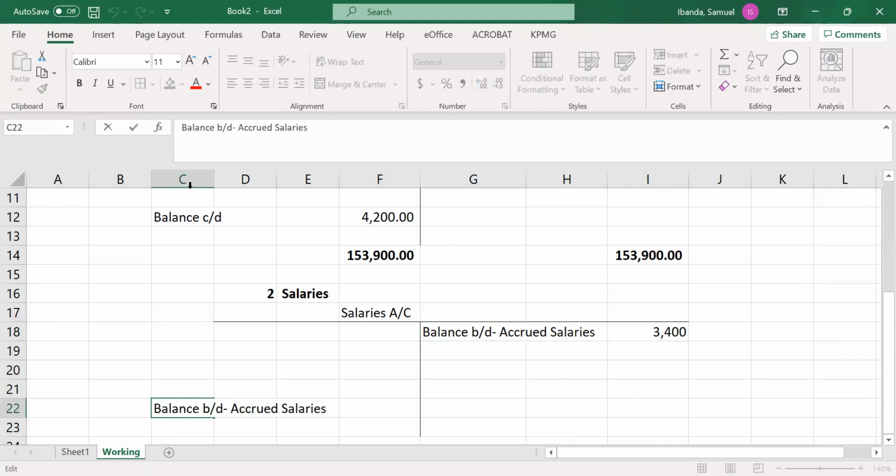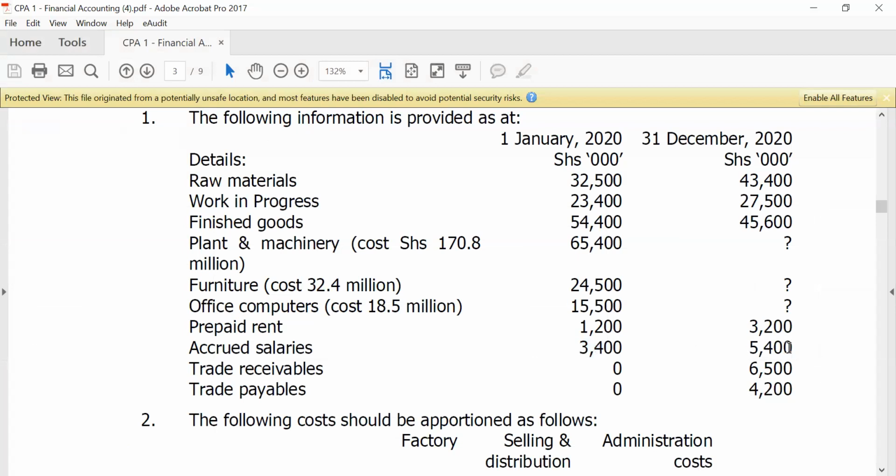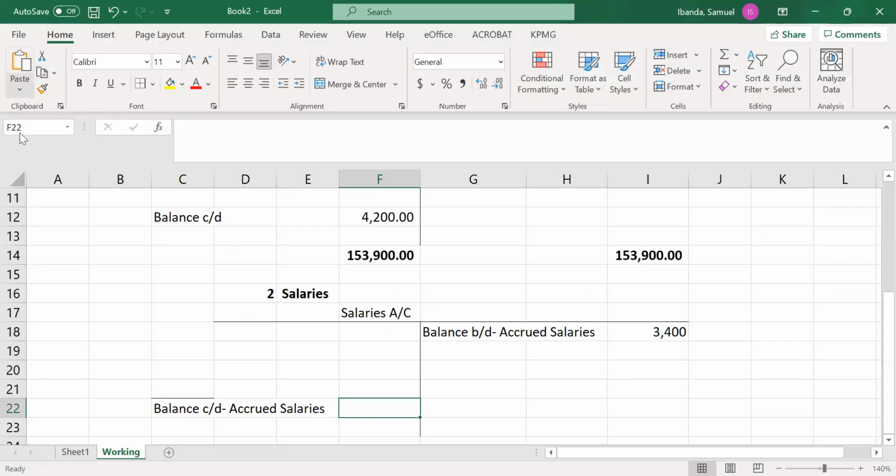So what is the balance carried down? The balance carried down is 5,400. So that is what we basically have here.